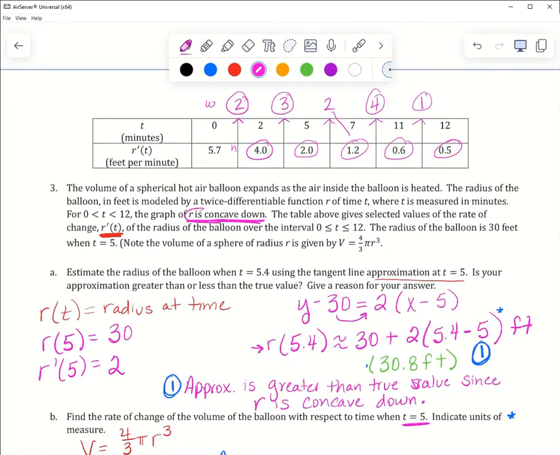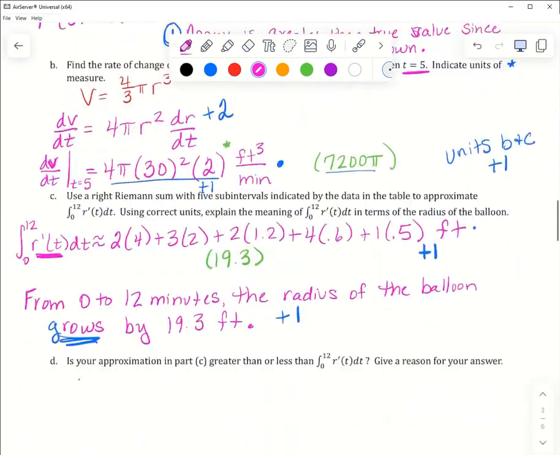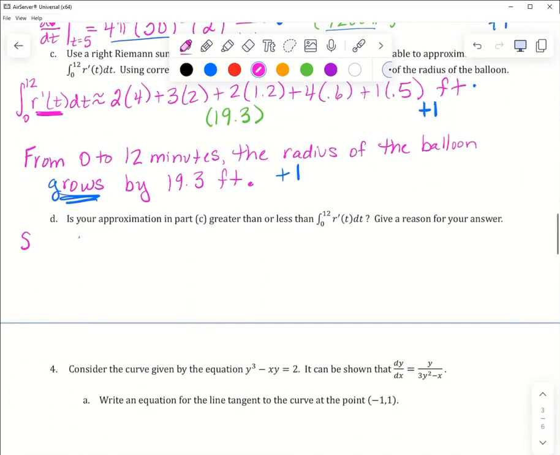Just looking, what do I know? Well, here are the curve sketching relationships. If R is concave down, I'm kind of going a roundabout way, but then the second derivative, R double prime, would have to be negative. I can't say that, but that doesn't matter because I have to defend what I'm doing. R prime would be decreasing. So I'm going to say it like this: since R is concave down, R prime is decreasing.